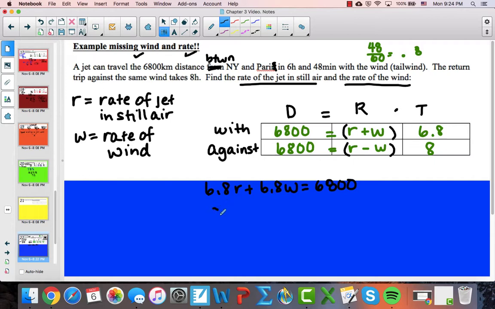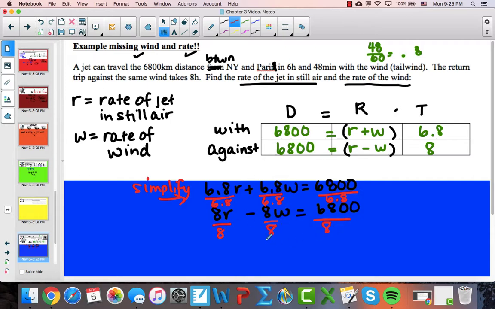And we get 8R minus 8W equals 6,800. Now, here's the big thing, really important. You don't want to work with these numbers, and I see that 6.8 is divisible on the top. So I'm going to simplify both my equations by dividing the whole thing by 6.8. I'm going to divide this one by 6.8, and I'm going to divide this one by 8.